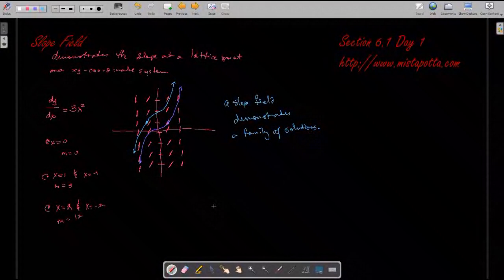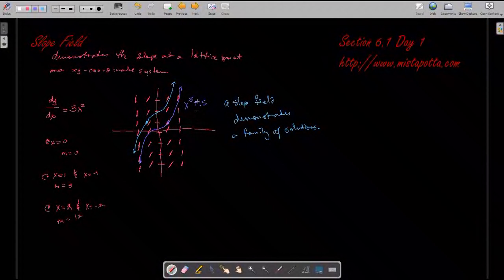So in other words, there's not just one function whose derivative is 3x squared. There's a whole bunch of functions whose derivative is 3x squared. I have one function here, the one in purple, that looks an awful lot like x cubed plus maybe 0.5.